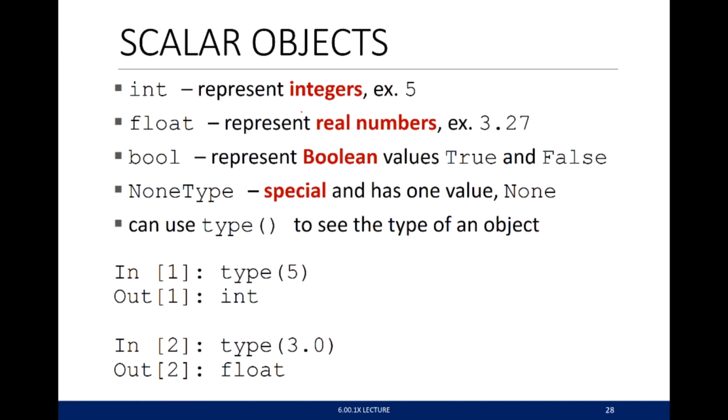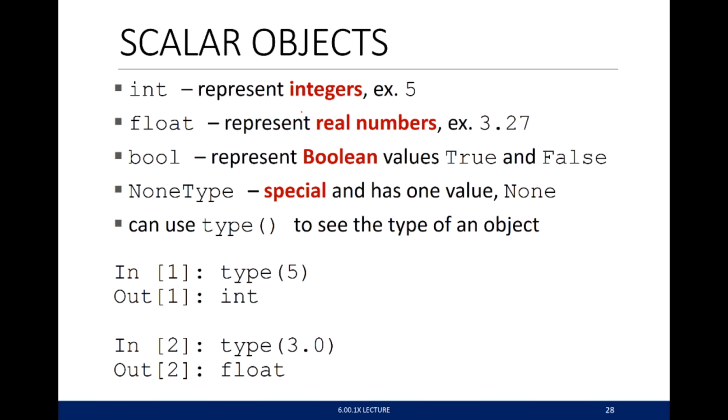These are integers, standard numbers that you recognize, 5, 17, 27, -6. We have floats. These are real numbers, things with numbers after the decimal point, 3.27, 3.14159, my favorite. You have something called a bool, short for Boolean, and that represents true or false.